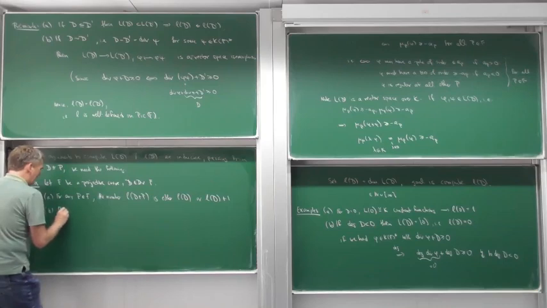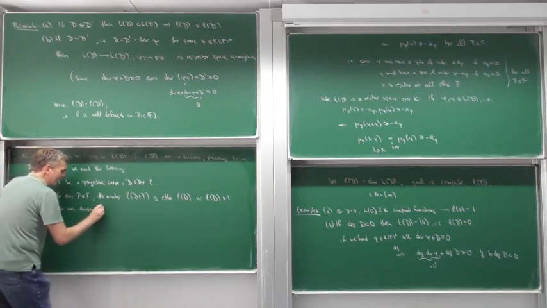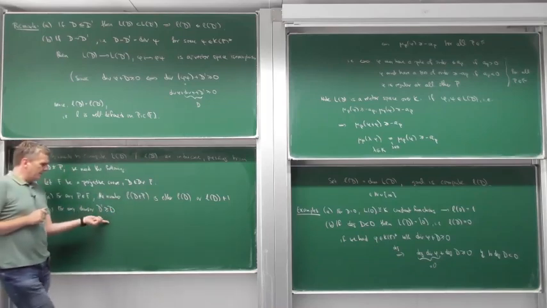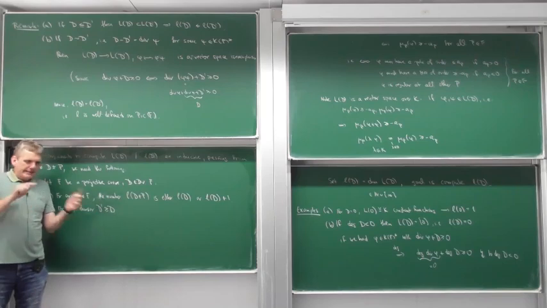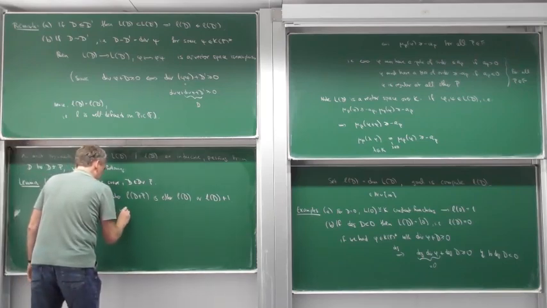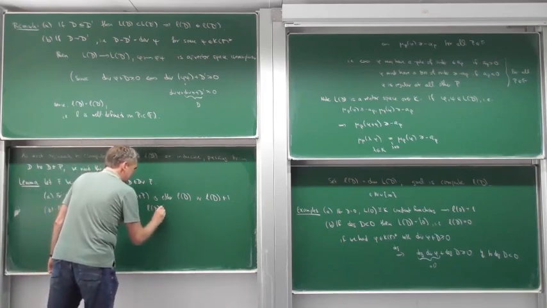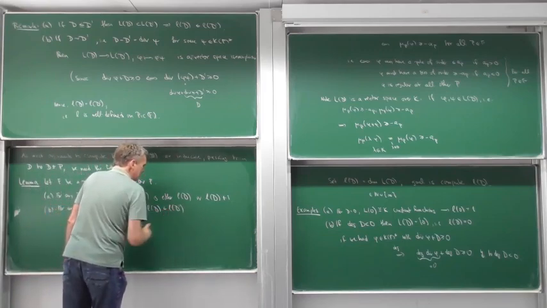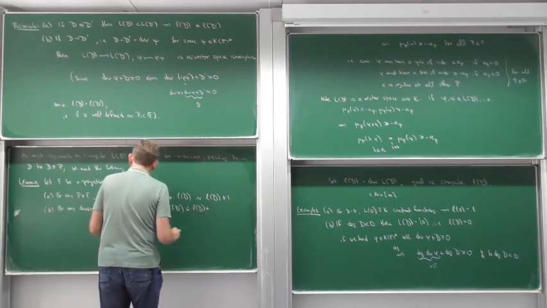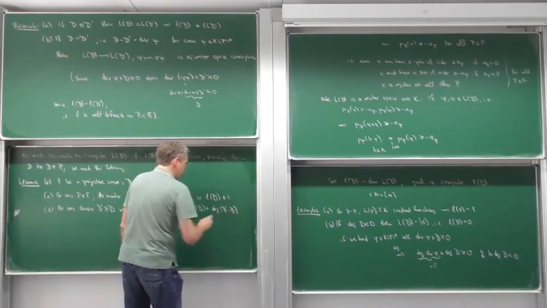For any divisor D prime which is greater or equal to D at every point, which means it's obtained by adding degree of D prime minus D points, we have that little l of D is less than or equal to little l of D prime, which is less than or equal to little l of D plus the degree of D prime minus D.